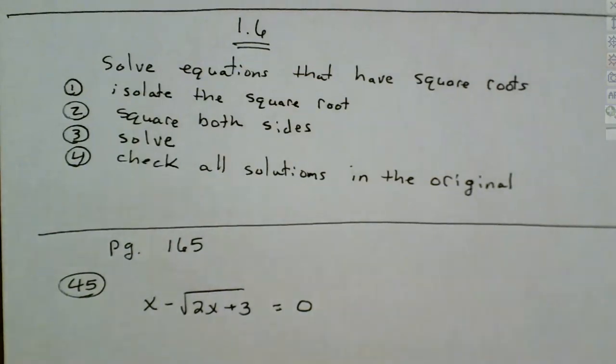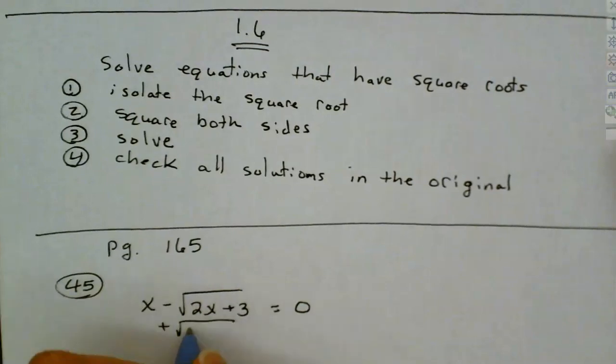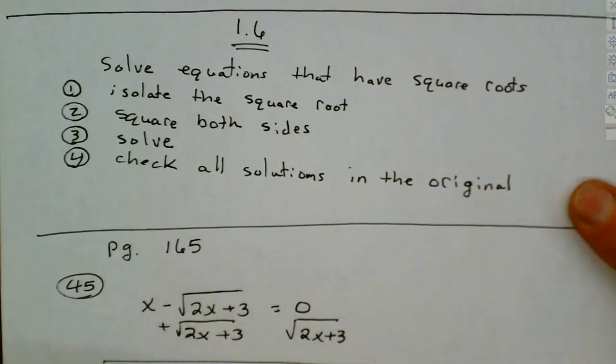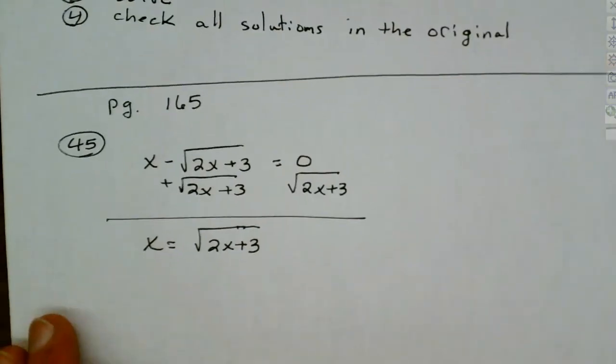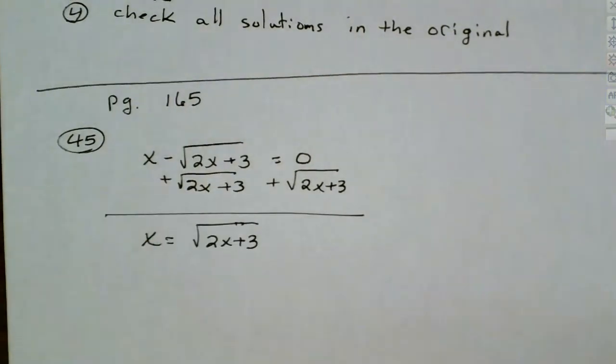So what does that mean? That means we get it by itself, and I'm going to move it to the right-hand side. So I'm going to move this square root over by adding. So that now leaves you with this. I added it to both sides, and I got to this point.